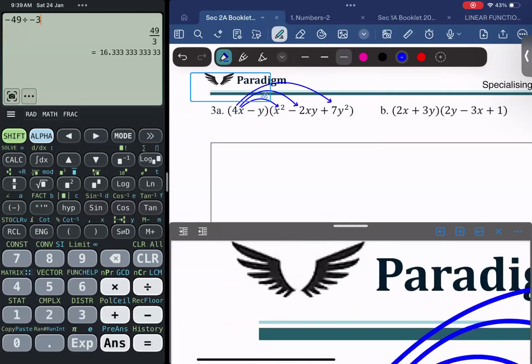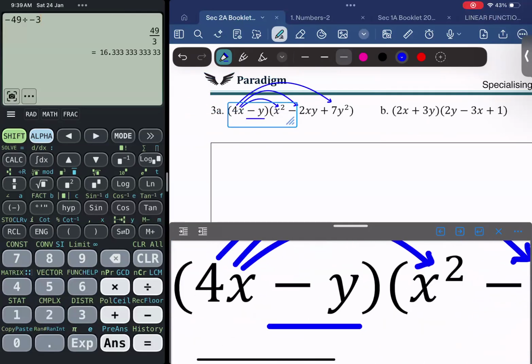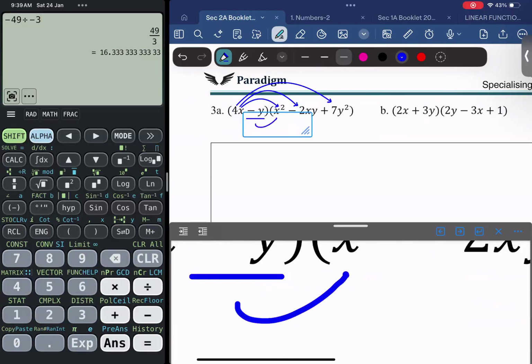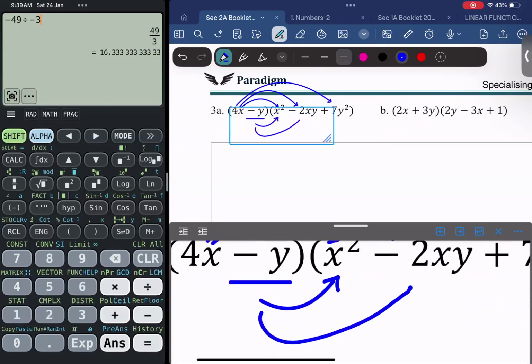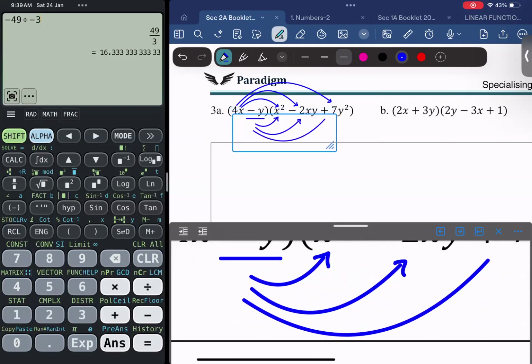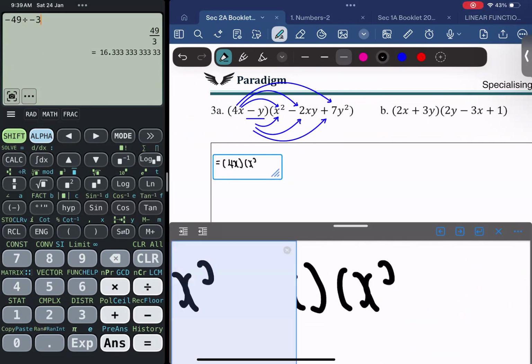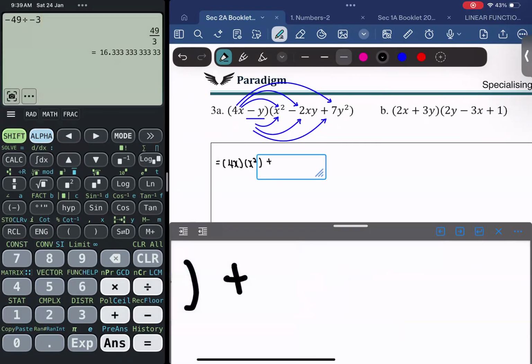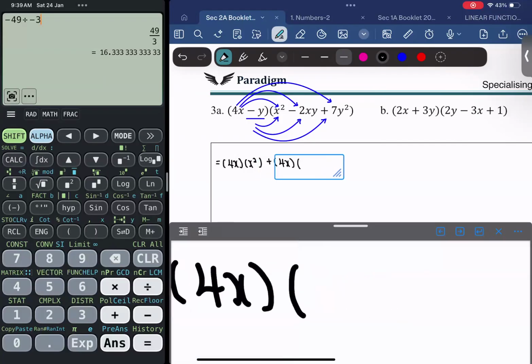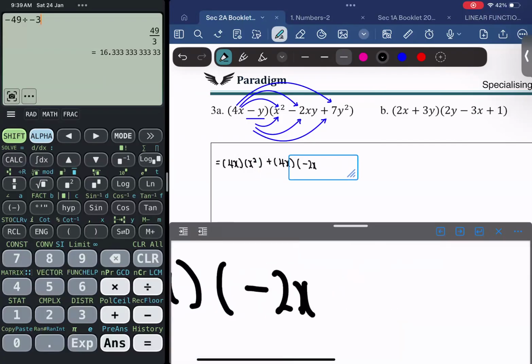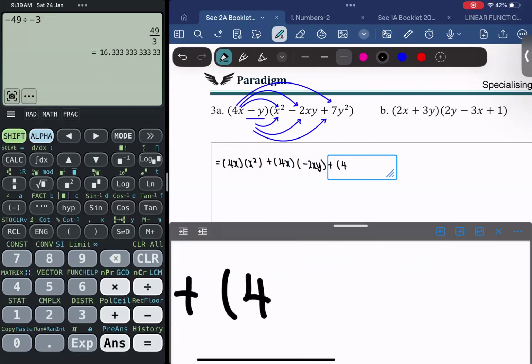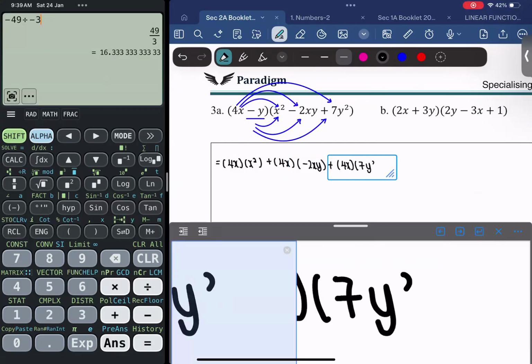Okay, the bottom, don't forget that the negative belongs to the y. They are together, so times in, and times in. If you are easily confused, don't worry, just write down the working. So this is equals to 4x times x squared plus 4x times negative 2xy plus 4x times 7y squared.